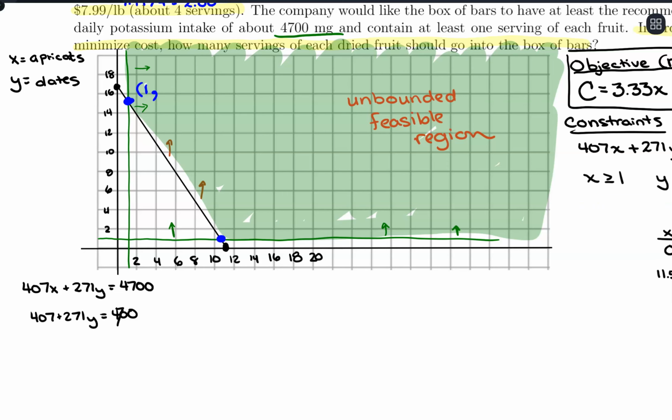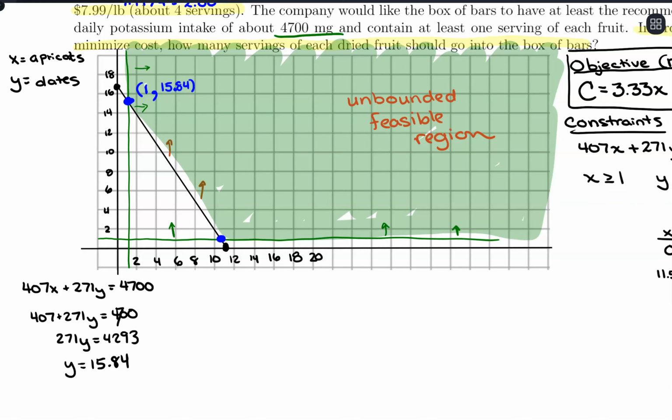So subtract 407 for 271y equals 4293. Divide by 271, that's a 15.84. So that gives us our y coordinate there. So we're going to have a corner of 1, 15.84.